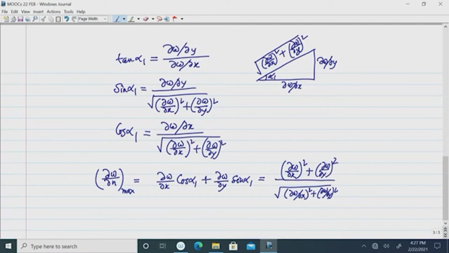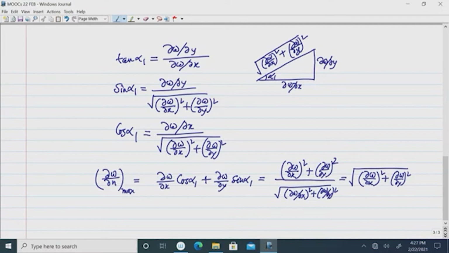So, one can get very easily that maximum slope is nothing but root over the sum of squares. So, this is proved. Whatever we have given in the question is now proved.